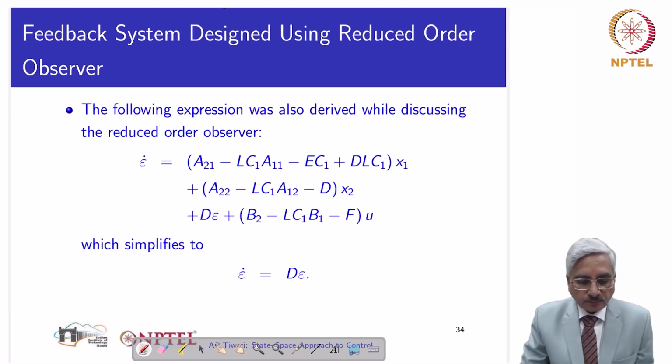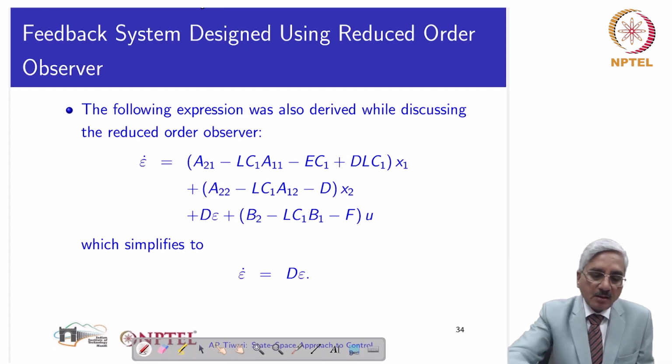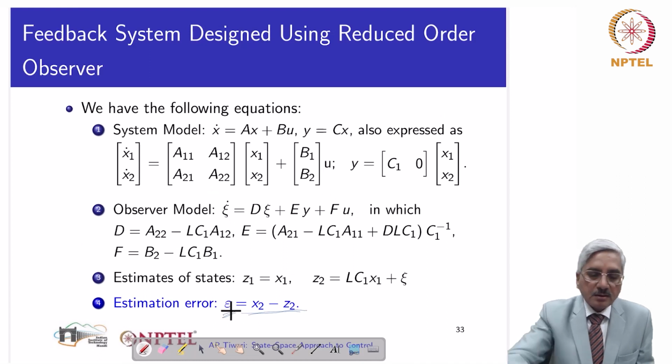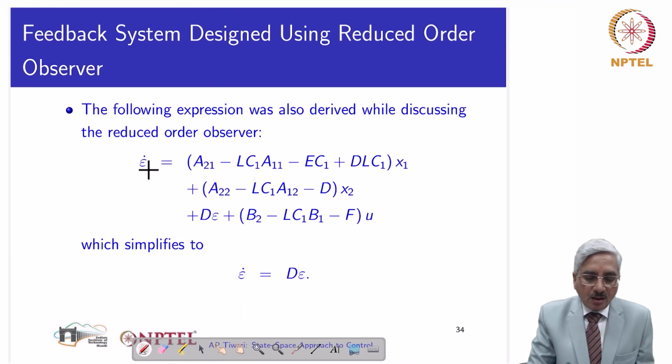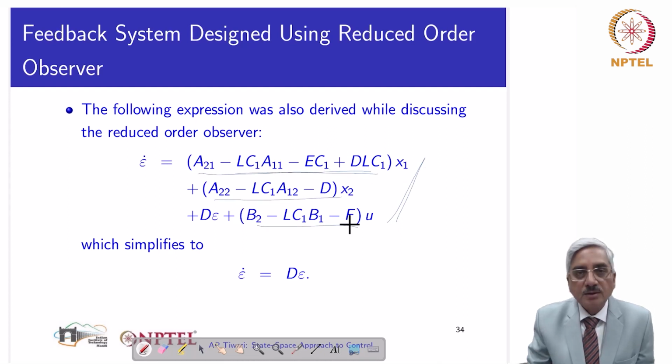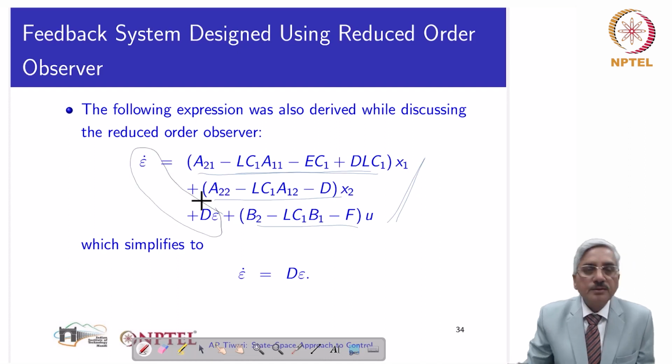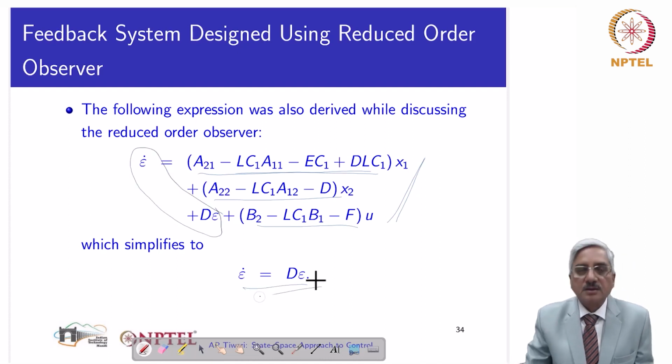Of course we had seen that the estimation error epsilon dot was derived as this, and because this was to be 0, this was to be 0, this was to be 0 separately, we are only left with epsilon dot equal to d epsilon, which is here.